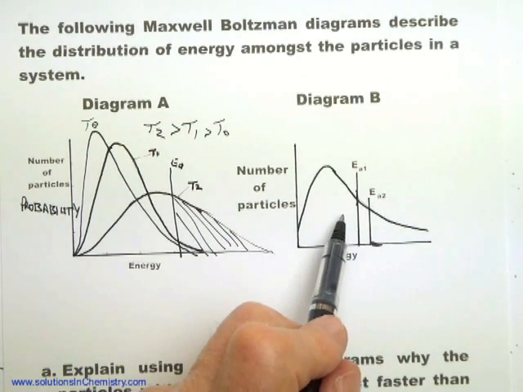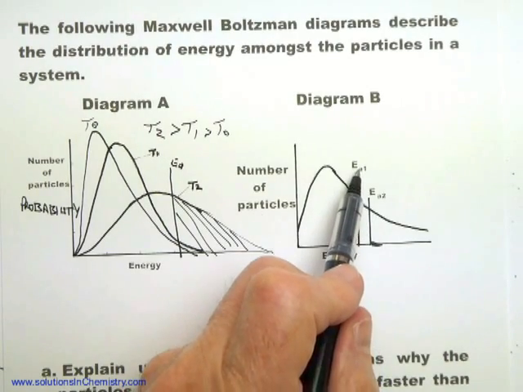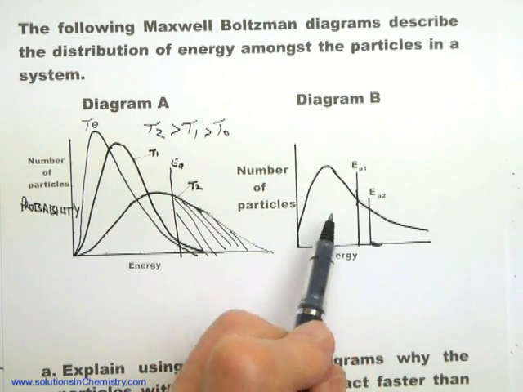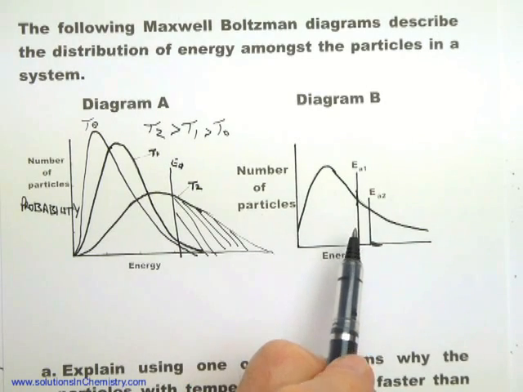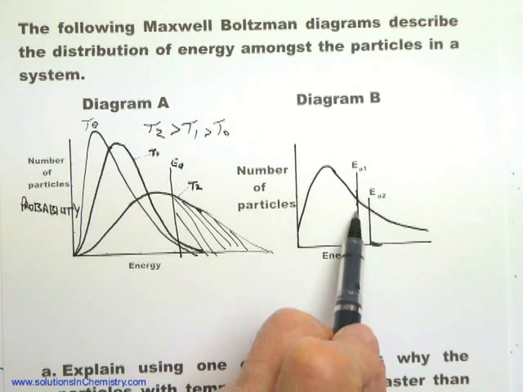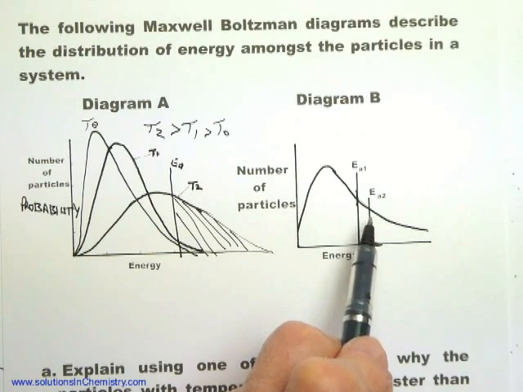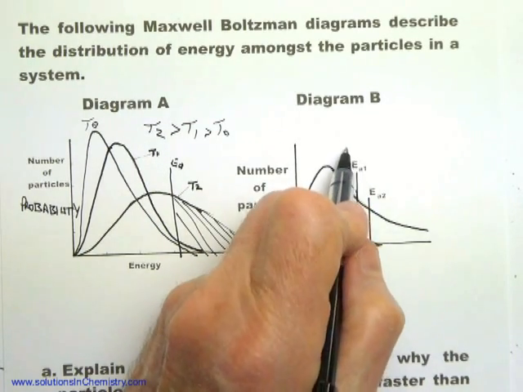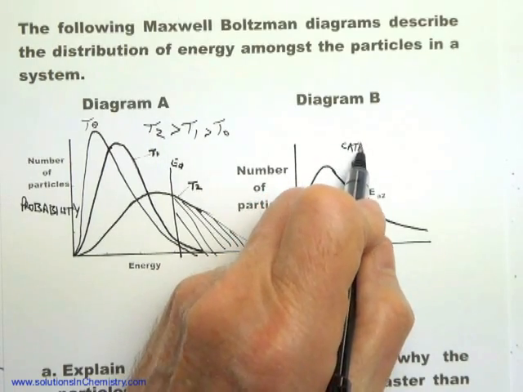In this curve, what we're looking at is 2 energies of activation. Now, as I've said before, the energy of activation relates to the reaction, not to the temperature. Therefore, the only reason there can be a different energy of activation is because there's something different about the reaction. And that something that is different is that this one has a catalyst.